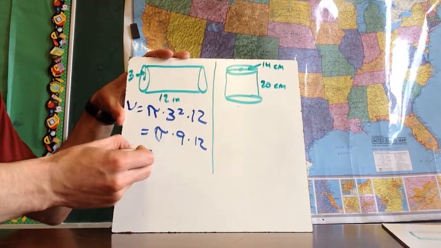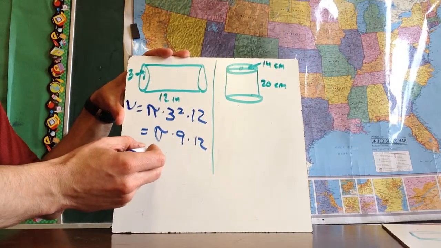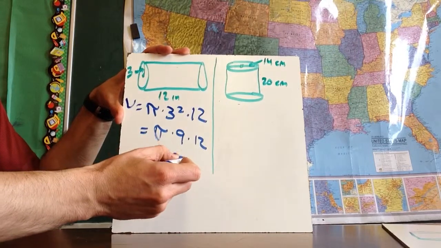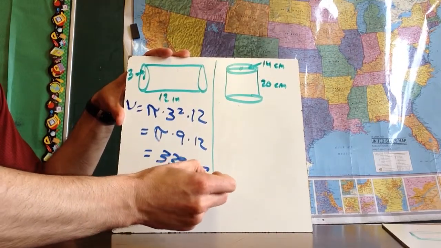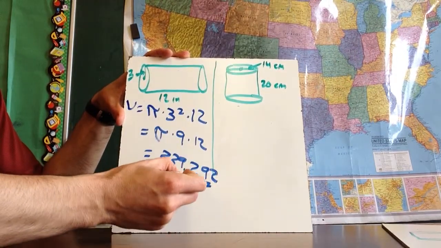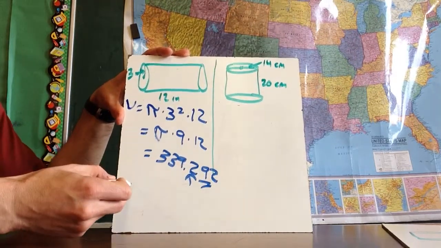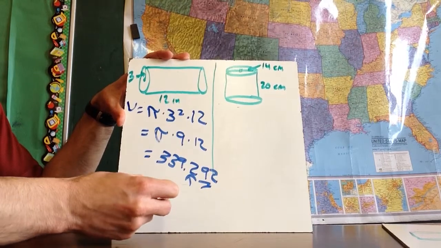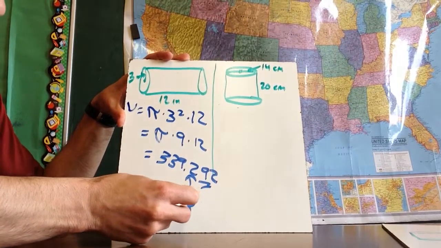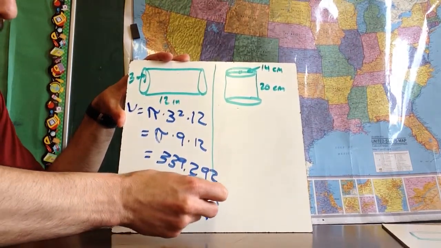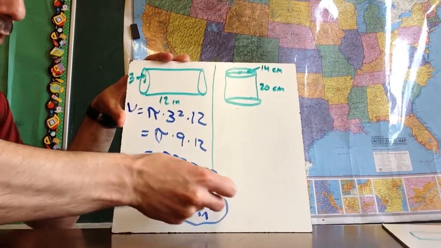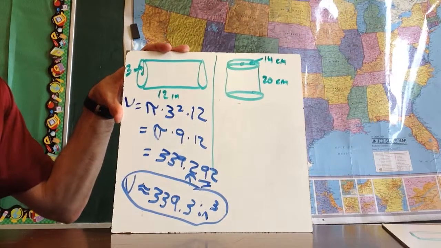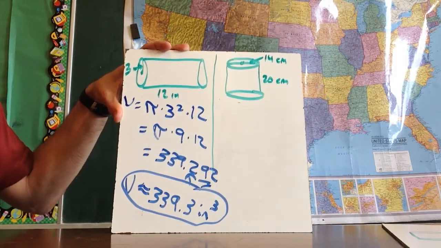So the volume of this is going to be 339.292, and this 9 tells me that I should round up with that 2, so the volume equals approximately 339.3 inches cubed. Now make sure that you are talking about cubic inches, right? So you need to make sure that you have the third degree there.